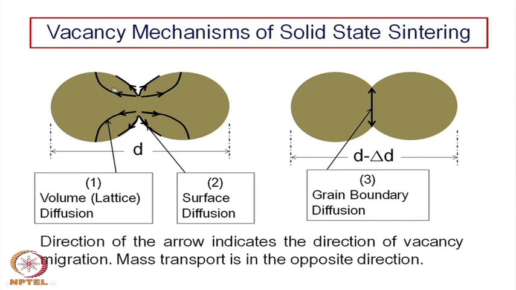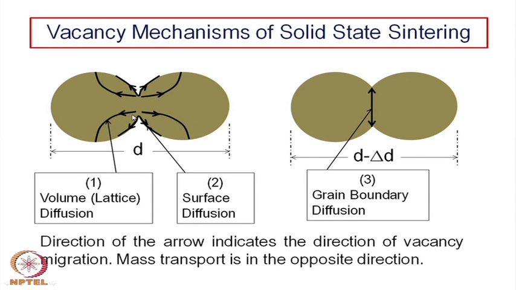The vacancies are moving through the lattice, through the solid, through the bulk of the solid. So, this is called volume diffusion or lattice diffusion.